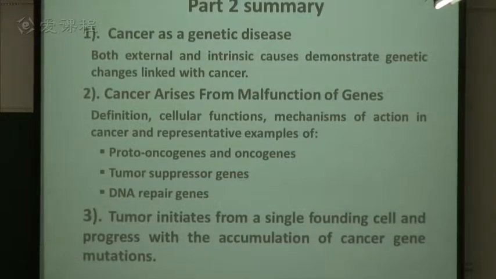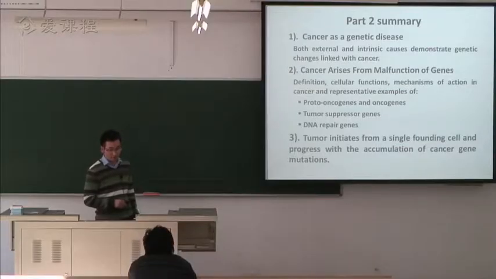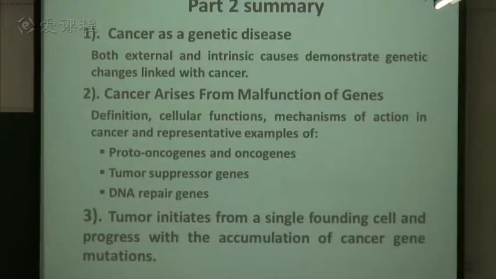Okay, a summary of part 2 about what causes cancer. I have shown you that cancer is a genetic disease that arises from the malfunction of genes, and both external causes like chemicals, UV radiation or infection have demonstrated genetic changes linked with cancer, and the intrinsic causes are clearly genetic.